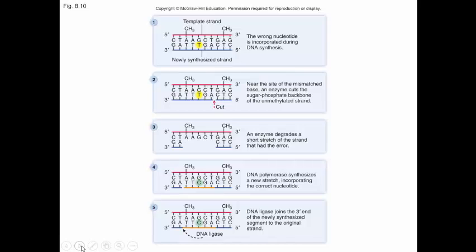So this endonuclease comes in and removes a section of the strand with the incorrect nucleotide. DNA polymerase then arrives and fills in the missing nucleotide strand.